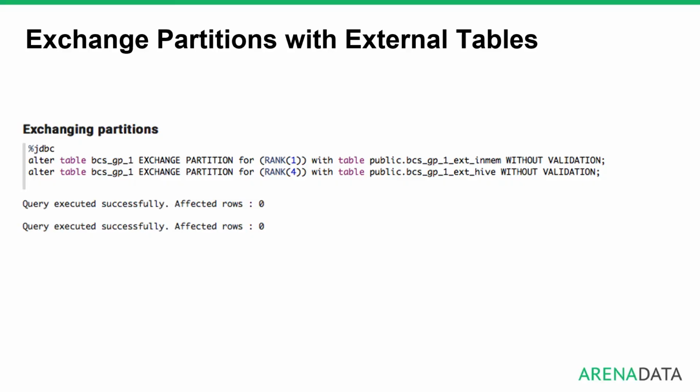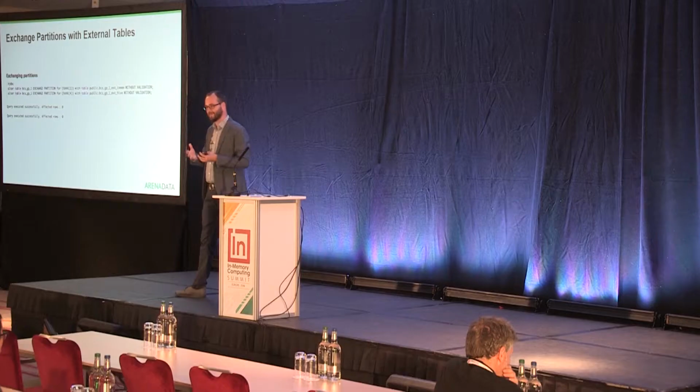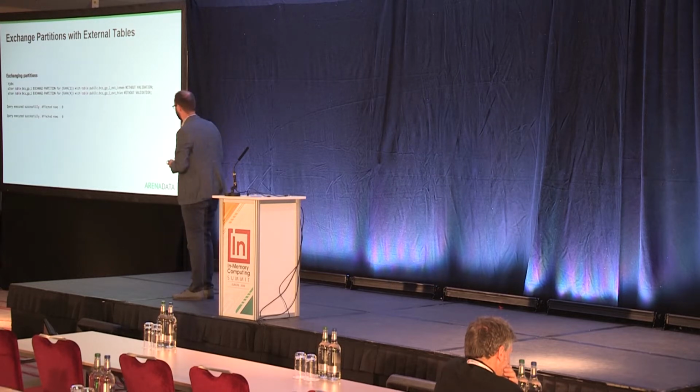And here is a little bit of magic, because currently it is necessary to do these steps to have polymorphic external partitions in Greenplum. As you can see, we're exchanging the existing partitions of Greenplum with external tables in memory and in Hive.